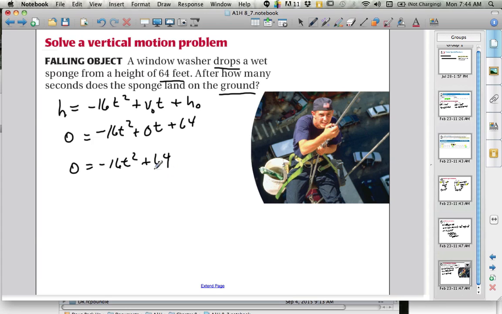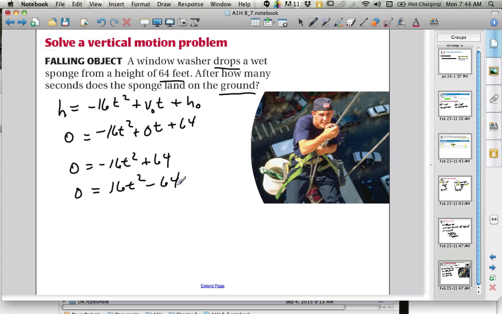All right, and if I want to solve this, remember I don't like those negative leading coefficients. I'm going to multiply everything by -1. Equally, I could add 16t squared and subtract 64. The effect will be the same. And now when I look at this, is this a perfect square?